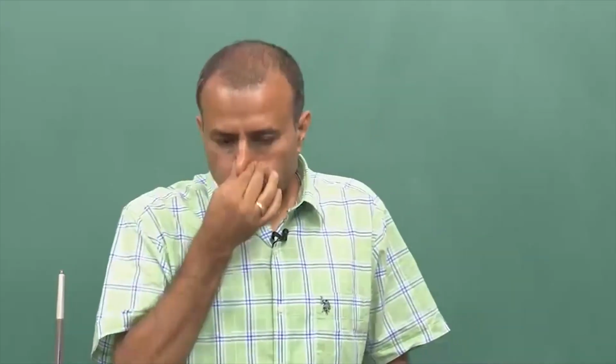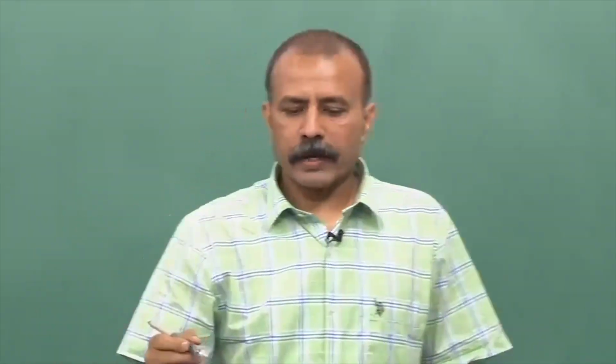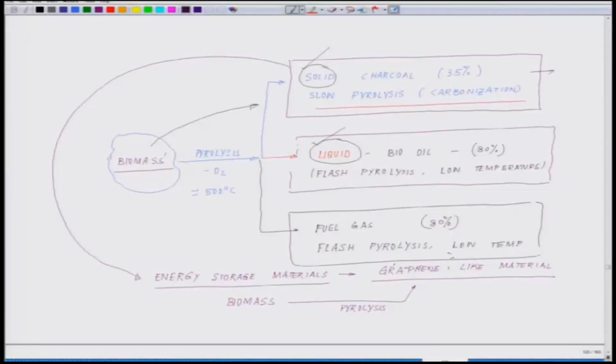Just coming back to the slide, this is the slide where I ended in the last class. You have the biomass, which you can pyrolyze in the absence of oxygen at a temperature of 500 degrees centigrade. What you get is solid charcoal, which is the carbonization process, liquid, and fuel gas.